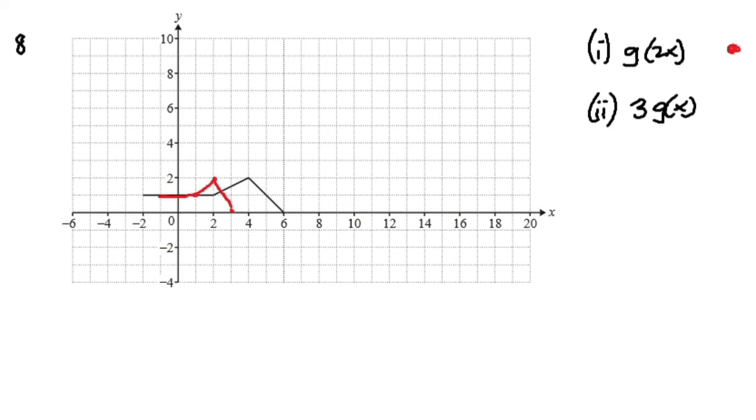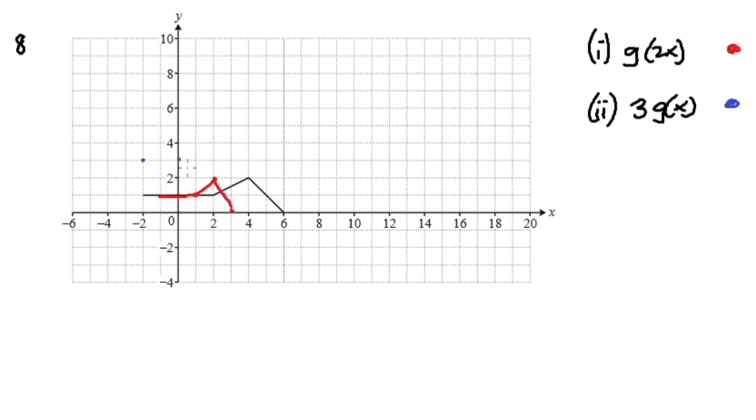Part 2 I'll use blue. So 3g of x is just a vertical stretch of factor 3. So everything is stretched from the x-axis by a factor of 3. For this point, you multiply by 3 going up. So this is height 1 times 3 is 3. So it goes here.